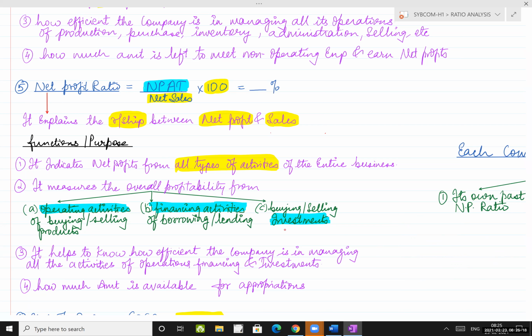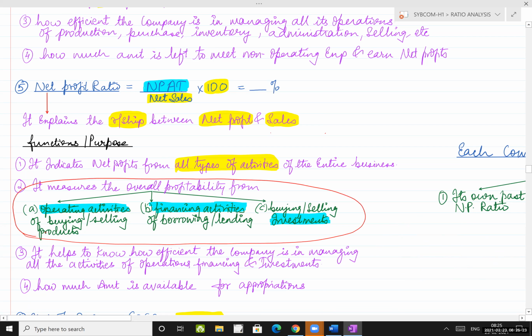So profit arising out of these three activities, we will do this in the chapter cash flow.